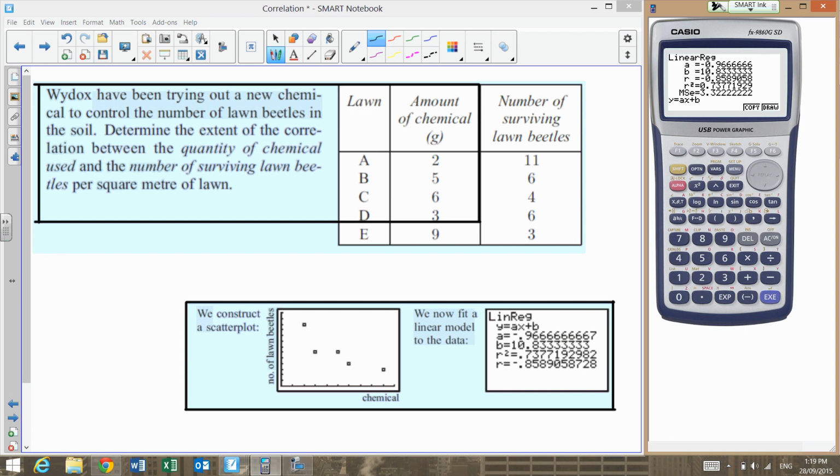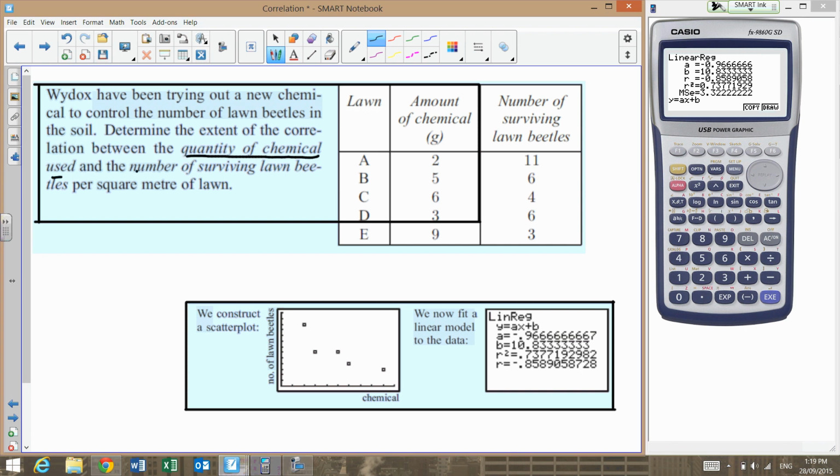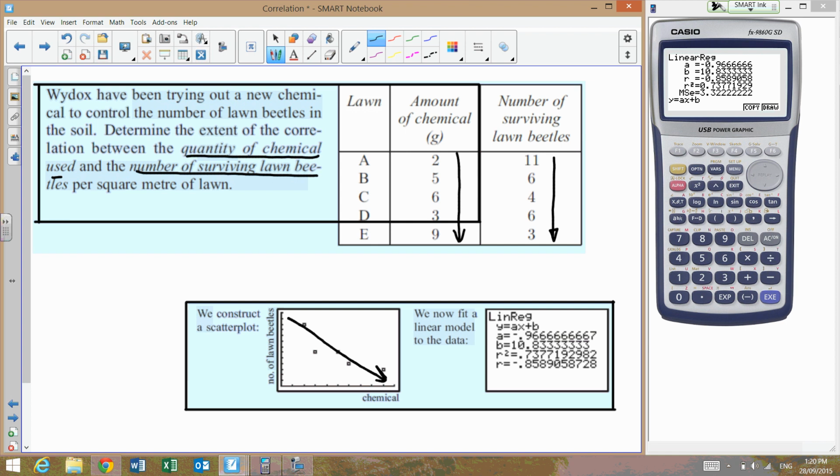Now a new chemical on lawn beetles: determine the extent of correlation between the quantity of chemical used and the number of surviving lawn beetles. Here, as you can see, the amount applied increases and the number of beetles, as you would hope, decreases. So we can see that on our graph it's going down, so we know that it must be negative, and this is confirmed when we look at our A value here is negative, and our R value is also negative.